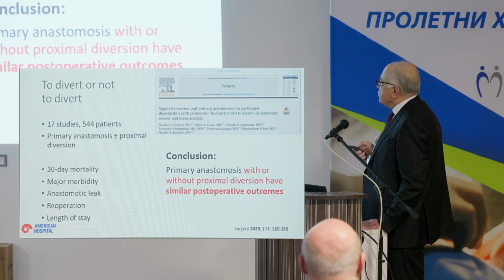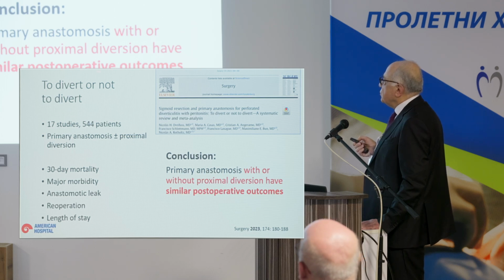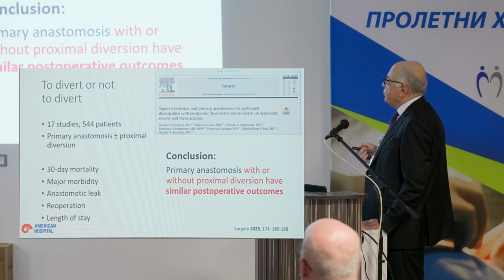These factors also give us some idea about the decision of the procedure. Another question is, when you do laparoscopic, open, or robotic surgery and perform resection and anastomosis, is there any need for diversion or not? To divert or not to divert?